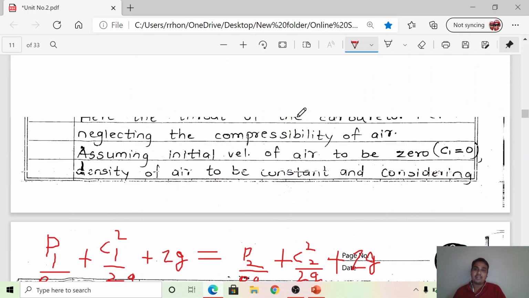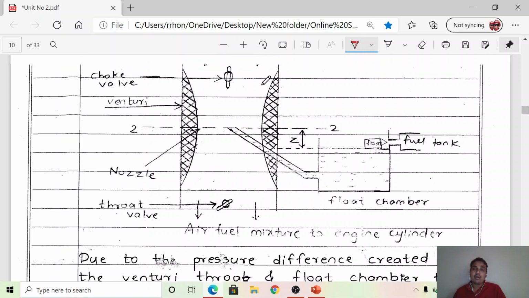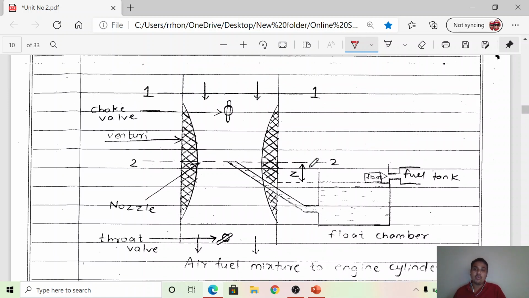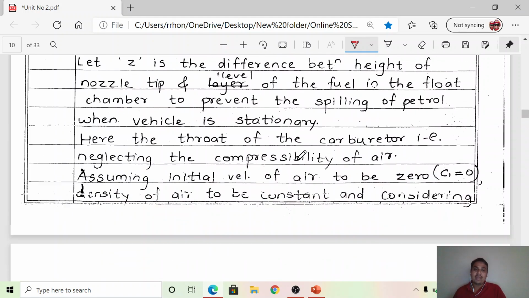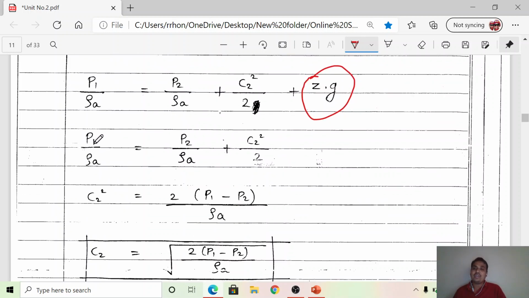When we are writing for the air, there is no need to consider Z. We have to consider Z when we are talking about the fuel, when the fuel enters inside the fuel jet because of this pressure difference. For writing the equations for air, there is no question of this particular Z, so we can directly neglect this Z g term. So we can rewrite the equation again. The simplified equation is what?